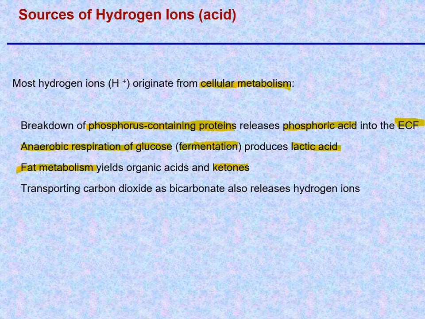And of course, as we well know, there is transport of carbon dioxide, which is continually being produced from the metabolic breakdown of carbohydrates in cells. The transport of carbon dioxide occurs in the blood as bicarbonate, and that also results in the release of hydrogen ions.